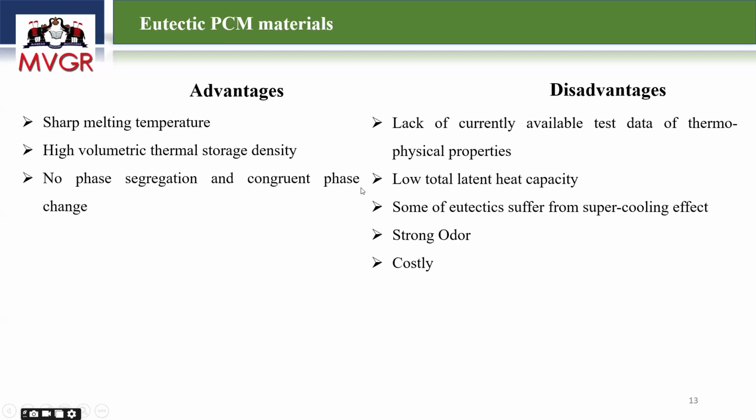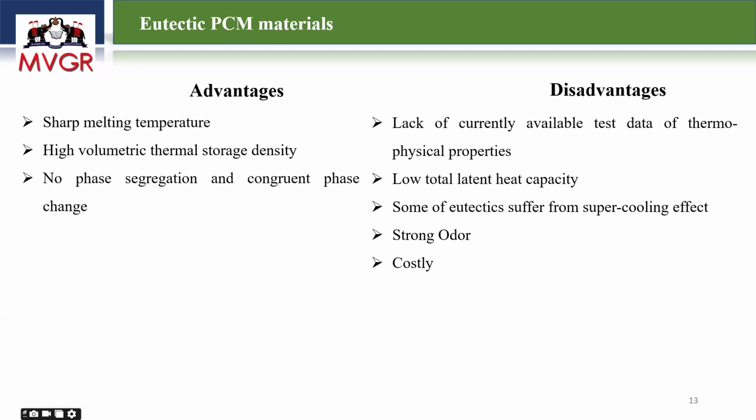And coming to the disadvantages, these are still in the research stage only, and limited information is available. Suppose I want to mix some salt with some paraffin wax to make a new component. If you vary the proportion, suppose paraffin wax is mixed at 40% and salt at 60%, how the new component will behave at this 40:60 ratio, we don't know.